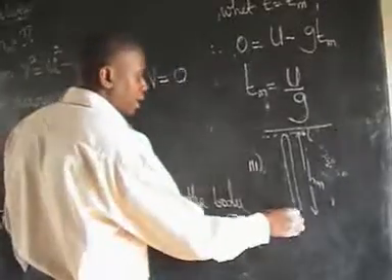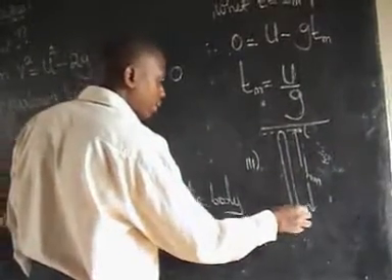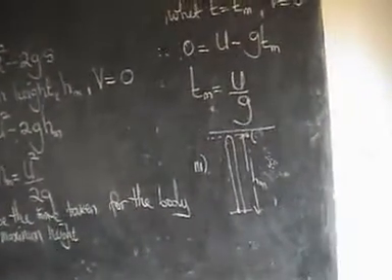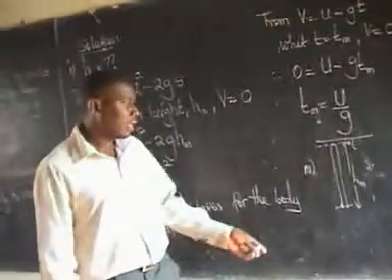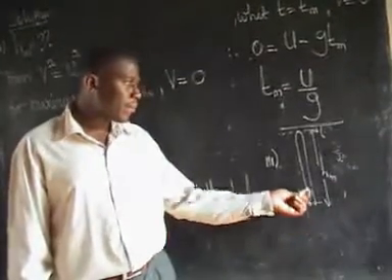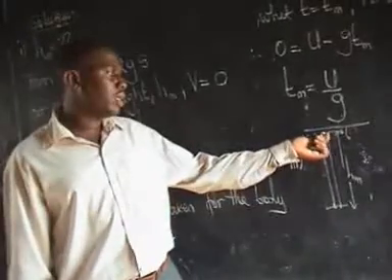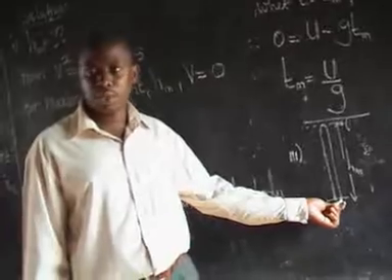Now they want us to find the time it takes this body to come back to its initial point of projection. Now we can apply symmetry. The time taken by this body to move from here up to this point is also the same time it will take to drop from this point back to the point of projection.